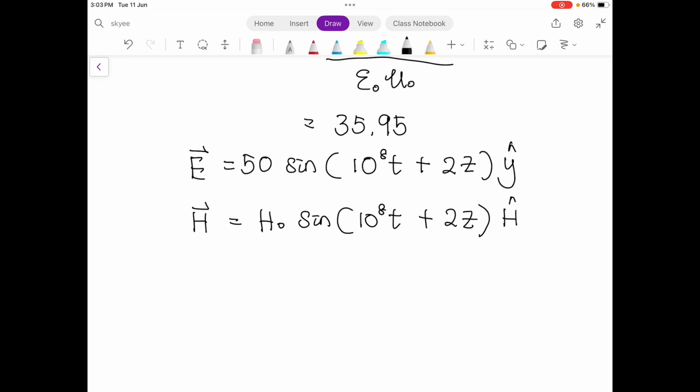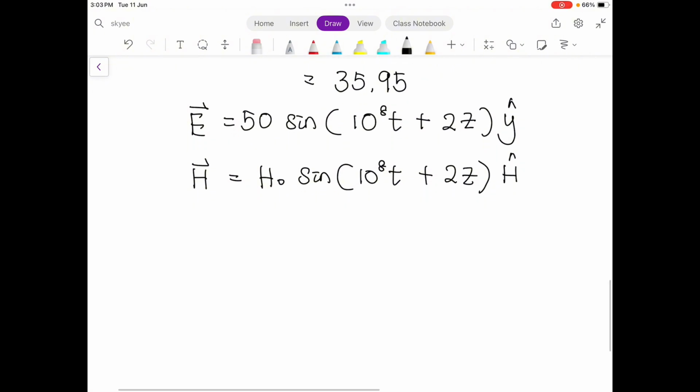So let's define the directions first. The direction of the electric field crossed with the direction of the magnetic field equals the direction of wave propagation.